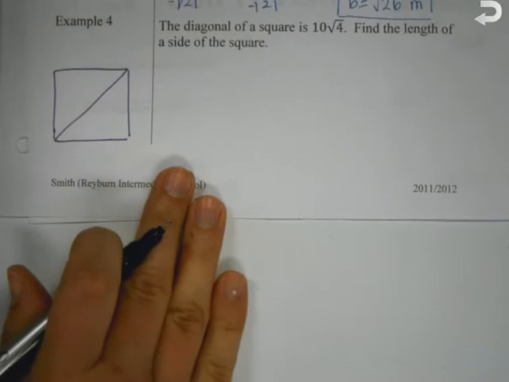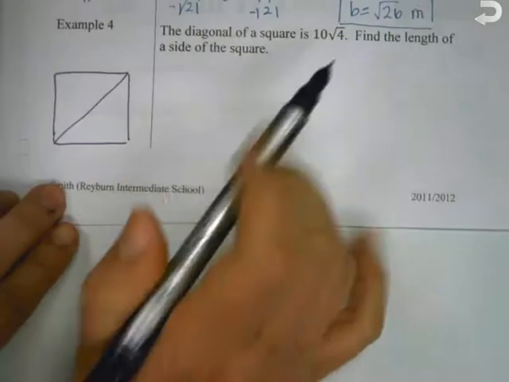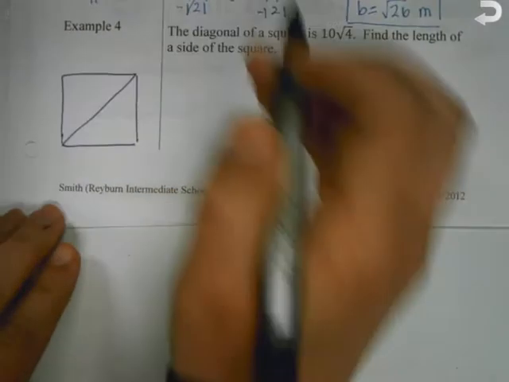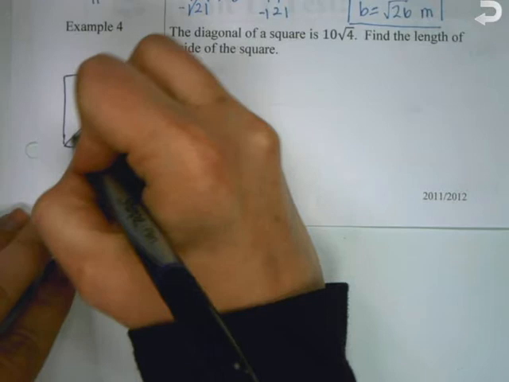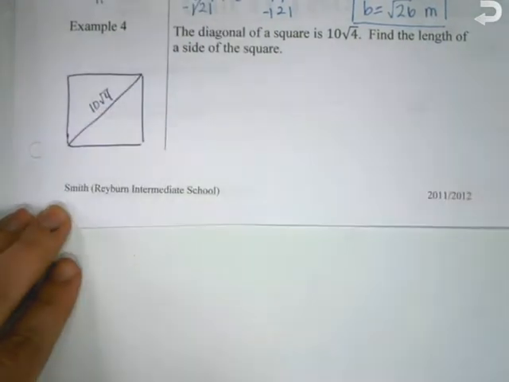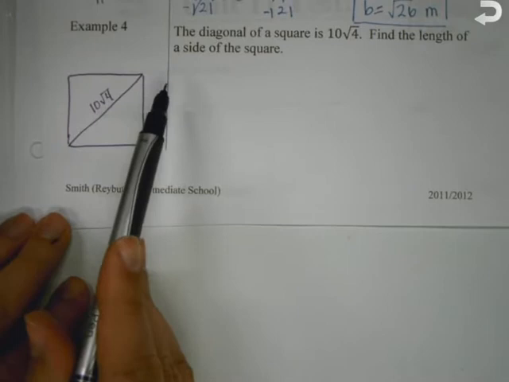The diagonal of the square is 10 root 4. So that's this part right here. 10 root 4. Find the length of the side of the square. But I don't have one of the other sides. So what can I do?